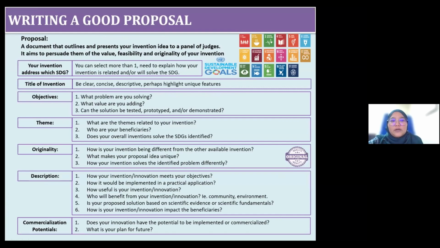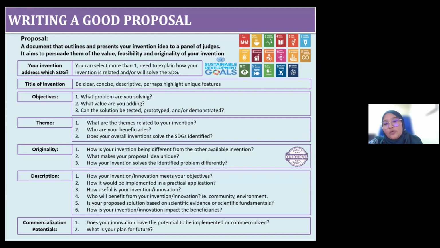Your proposal is a document where you outline and pitch your idea to the panel of judges. With this you are able to showcase and persuade them of your idea. You want to show them how good your project is and the originality of your invention. As we already mentioned, there are key components that should be in the proposal.